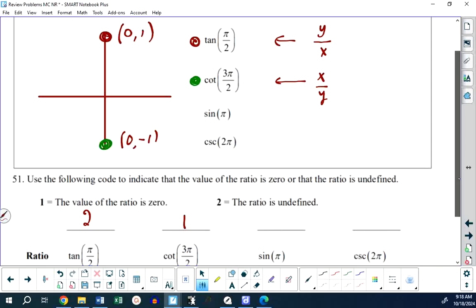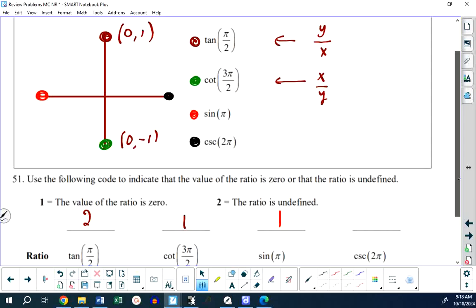Right? If you go to sine of pi, well, that's this location. And you should know that sine is the y coordinate. We can say y over r, but if we use the unit circle, it makes it easier. And the y coordinate over here is 0, so that trigonometric ratio is 0, which means this is a 1. And cosecant of 2 pi, well, 2 pi is here.